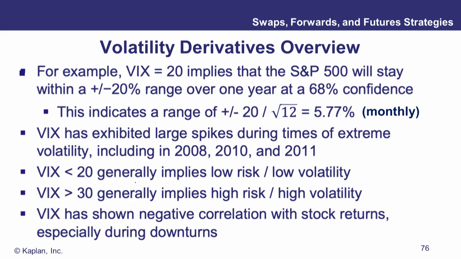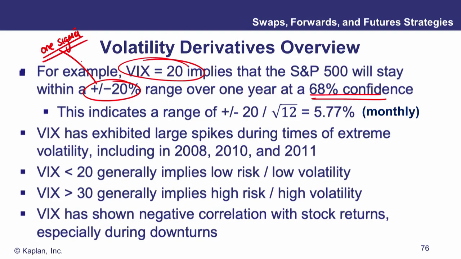You can have a look at how it behaves. They're going with a different example here, where the VIX is 20. This implies that the S&P will stay within a plus or minus 20% range over 1 year with a 68% confidence. So that's like using a 1 standard deviation, or 1 sigma move, confidence interval for a relatively normal distribution.